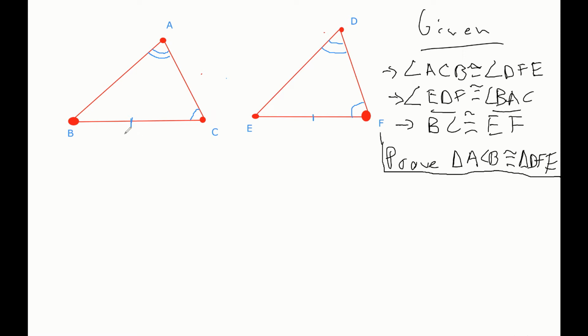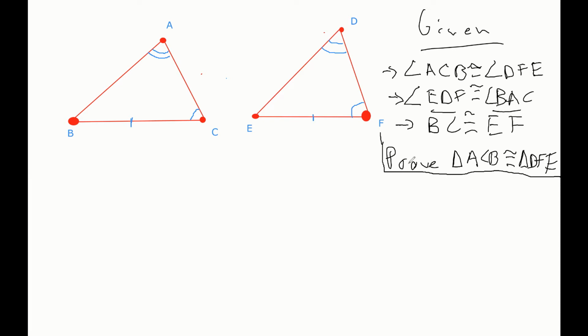To put that more plainly, across from this congruent angle right here, there is side BC, and across from this congruent angle, which is also congruent to angle BAC, this angle right here, EDF, we have this side EF, and we're going to assume that those two sides are congruent.